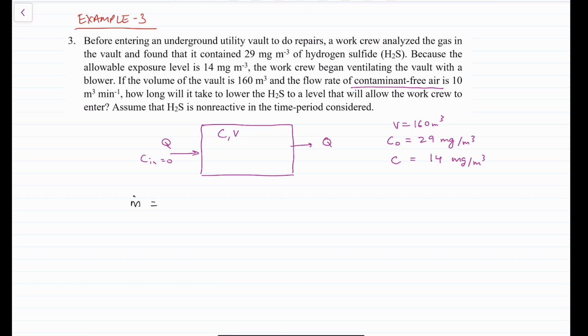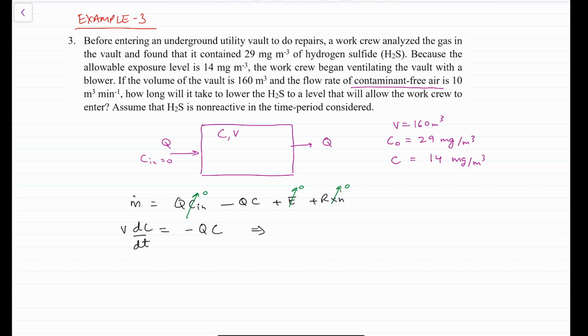Mass balance equation would be QCin minus QC plus E plus reaction. That's our general mass balance. But we don't have any emissions here, we don't have any reactions here, so it's pretty straightforward. And actually Cin is also 0, so this is V dC dt is equal to minus QC.